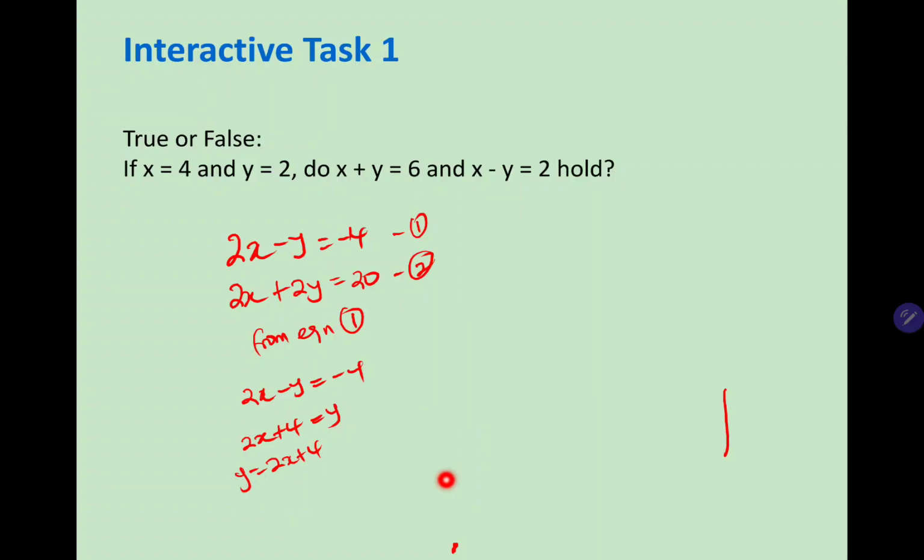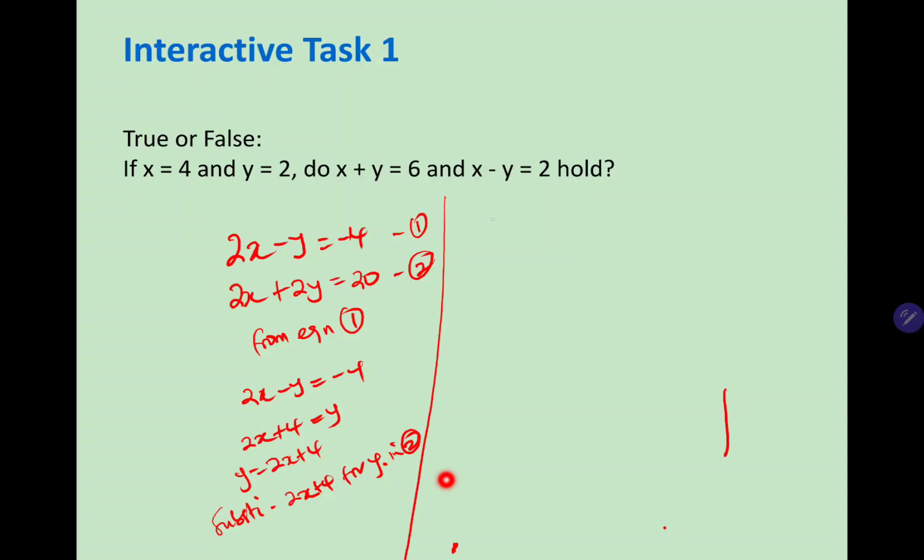The purpose of doing this is just to eliminate having two different variables. So we just want to have a single variable. So we substitute 2x plus 4 for y. Since we have done it in equation 1, we substitute it in equation 2 for y in equation 2.